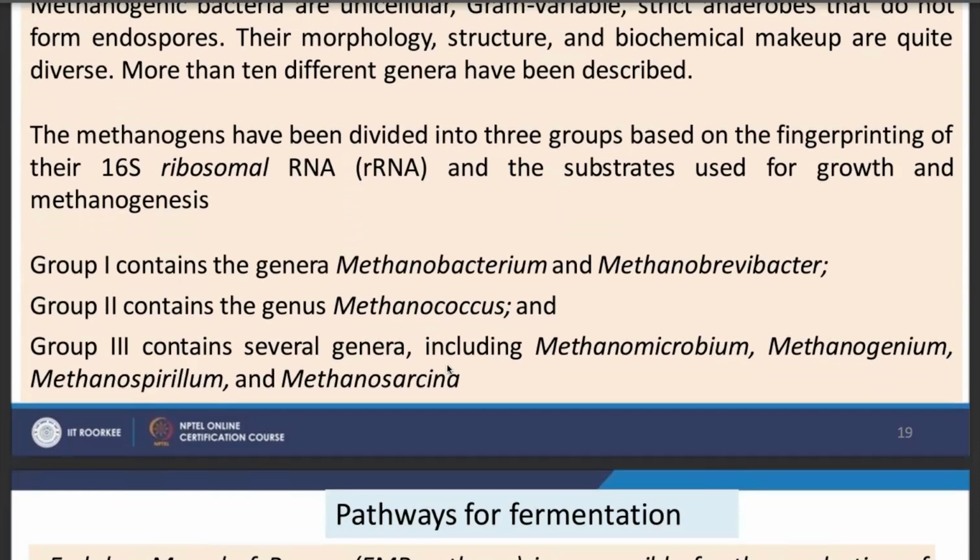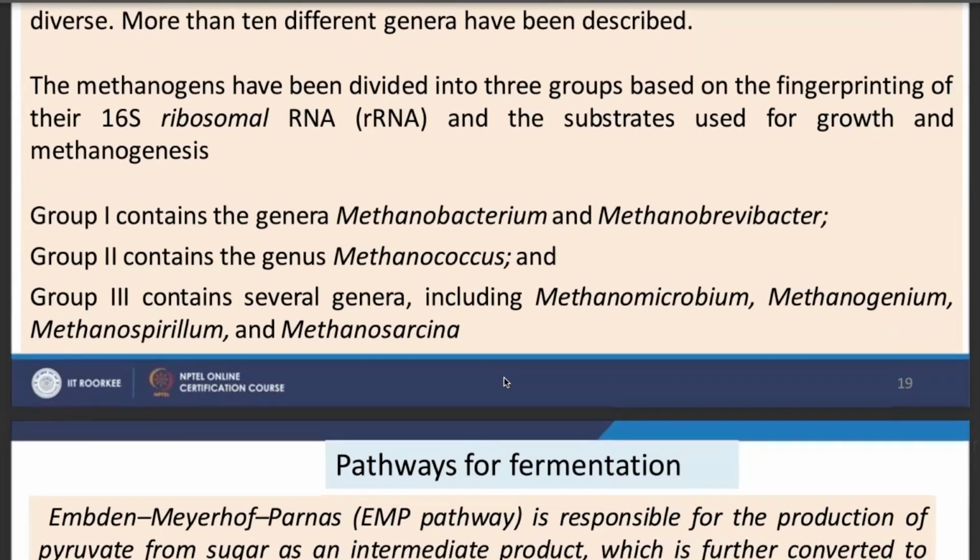present in methanogenic bacteria. Group 1 has Methanobacterium and Methanobrevibacter type of microbes. Group 2 has Methanococcus, and Group 3 has several genera including Methanomicrobium, Methanogenium, Methanospirillum, and Methanosarcina.